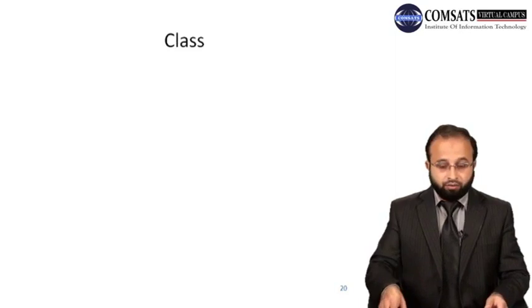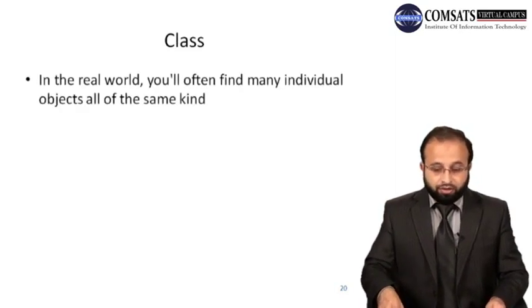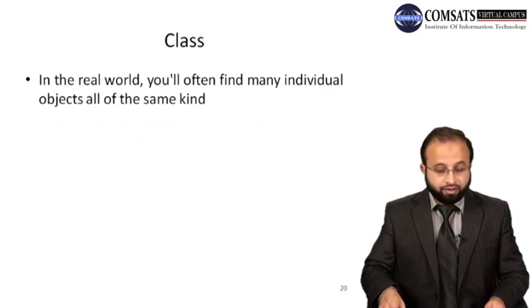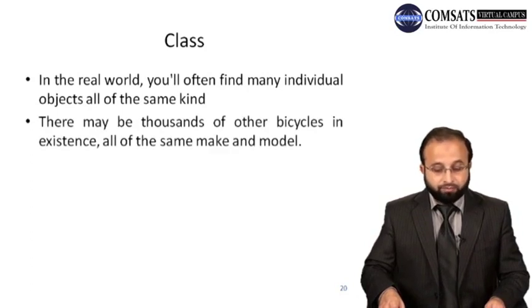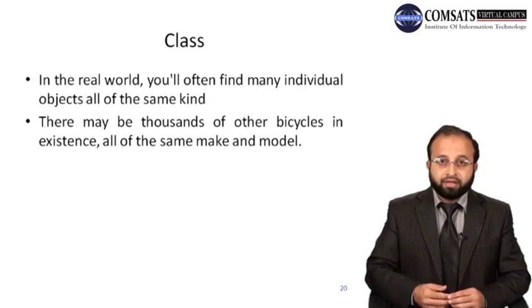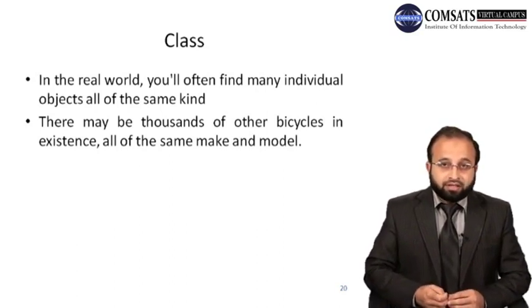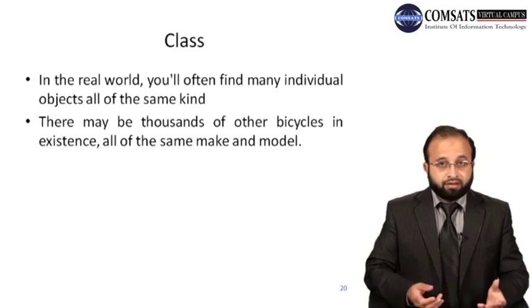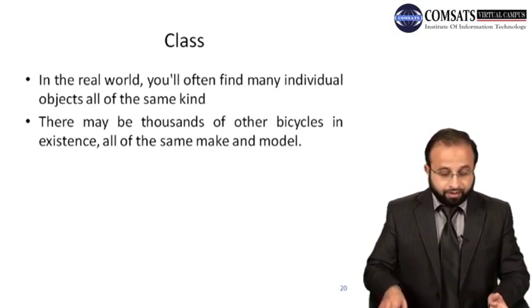Let's see in detail what is a class. In the real world you will often find many individual objects, all of the same kind. For example, there may be thousands of bicycles in existence, all of the same make and model. There could be hundreds of cars that exist, and all of them have the same model and same make, right?